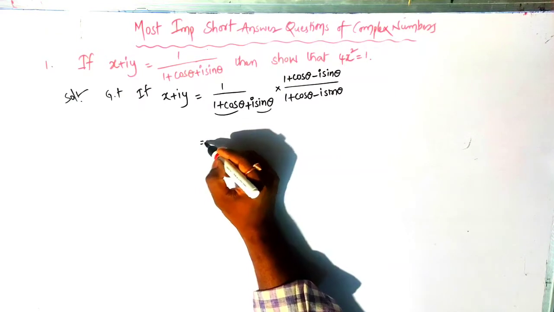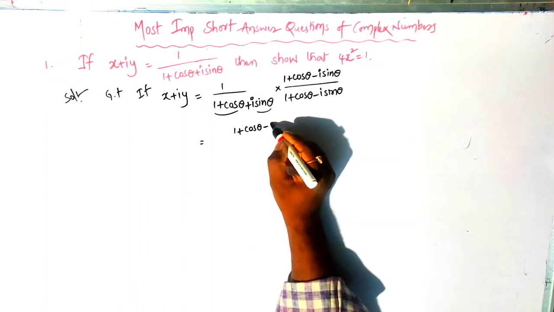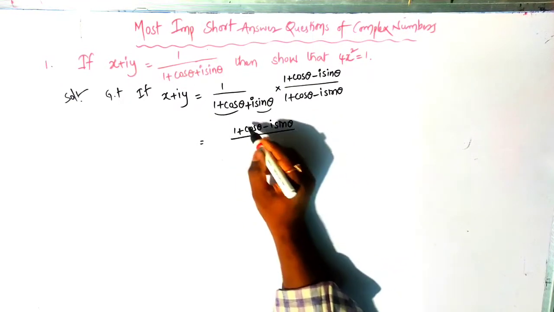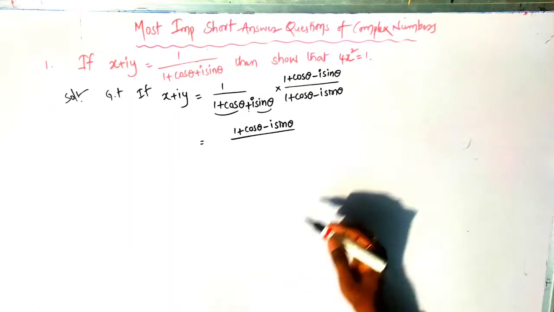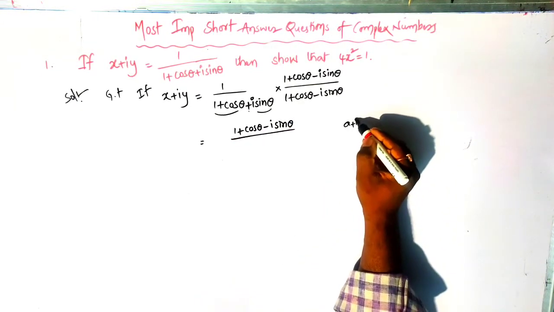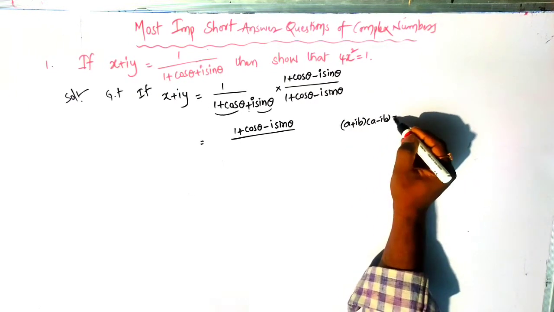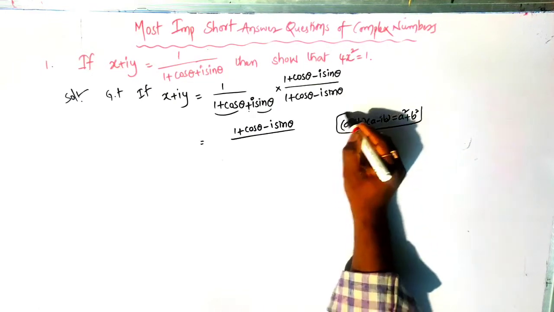That is the difference. So 1 plus cos theta minus i sin theta divided by, so a plus b into a minus b form is there: a plus ib into a minus ib is equal to, as we already know, a square plus b square.